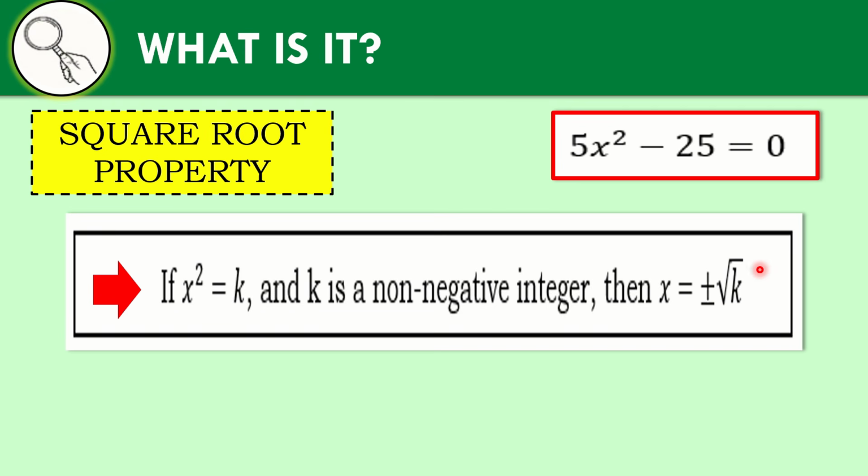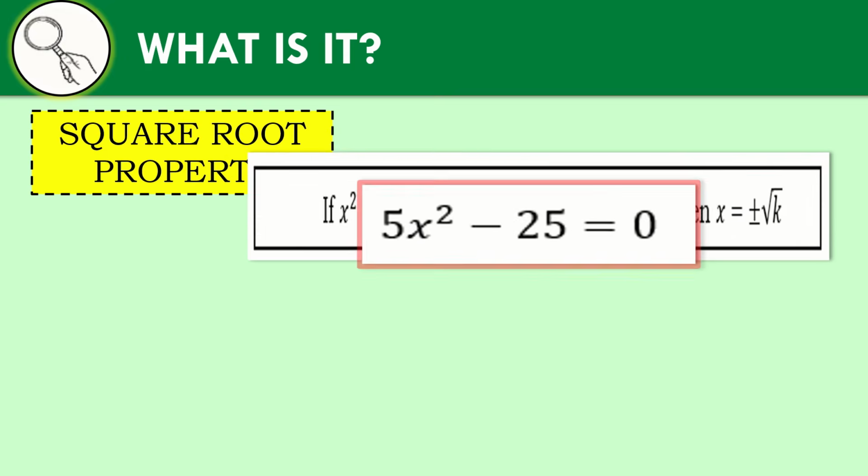I repeat, if x squared is equal to k, and k is a non-negative integer, then the value of x will now be the roots of k. That means it's both positive and negative square root of k. Clear? Great.